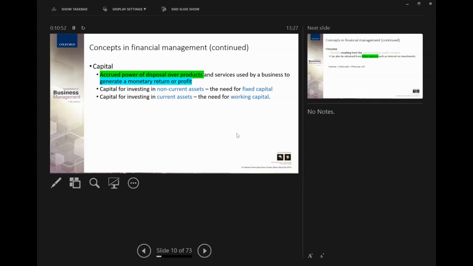Here they also said accrued power of disposal over products and services used by a business to generate monetary return or profit. That's the whole objective of capital. We plug money or assets into the business because we believe in the business activities and we're saying we are going to get a return.